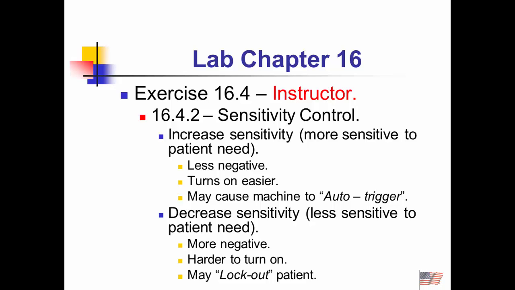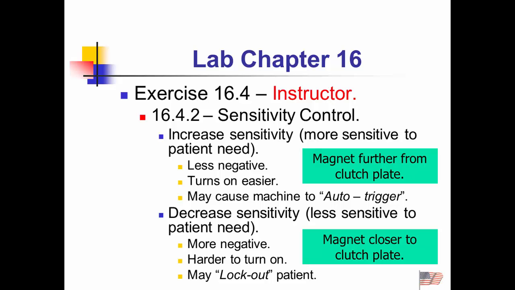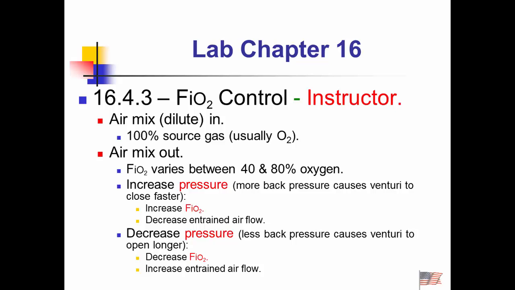We'll also play with the sensitivity to make sure that it's not auto-triggering or it's not locked out. And this is how we would solve that, by adjusting the magnet closer or further away from that clutch plate. And since we're going to be using oxygen, there's what is called an air dilute control, and you'll see this when you look at it.